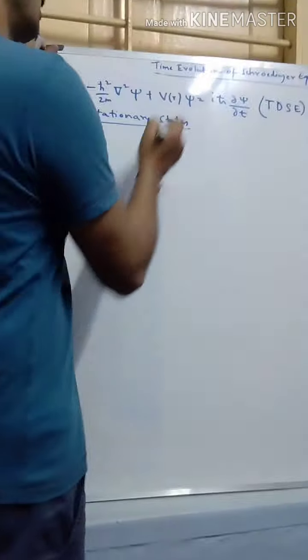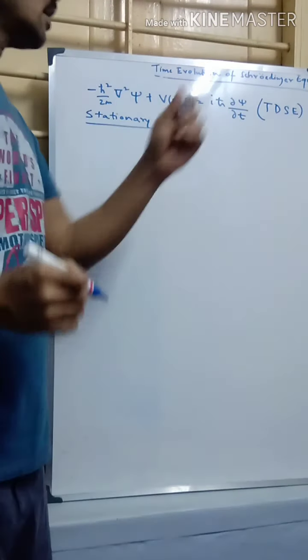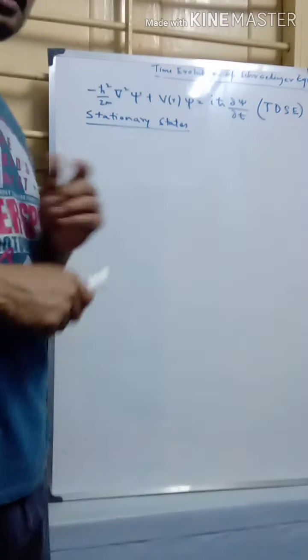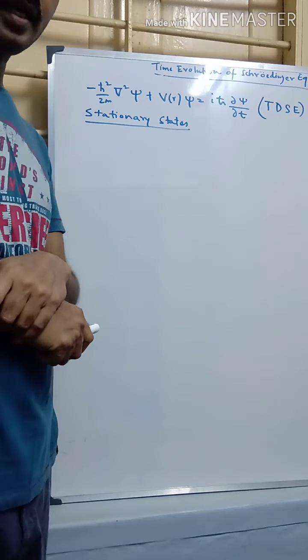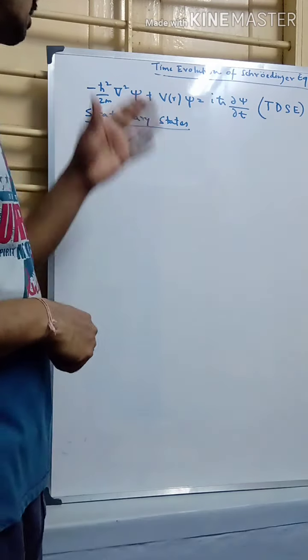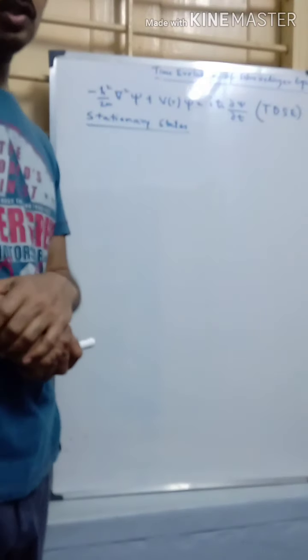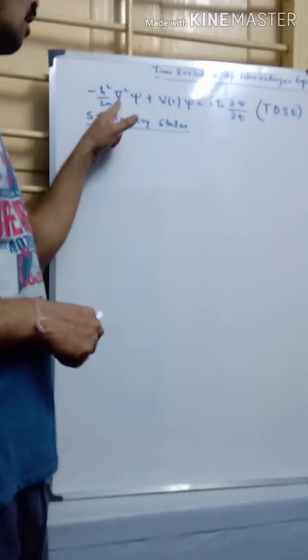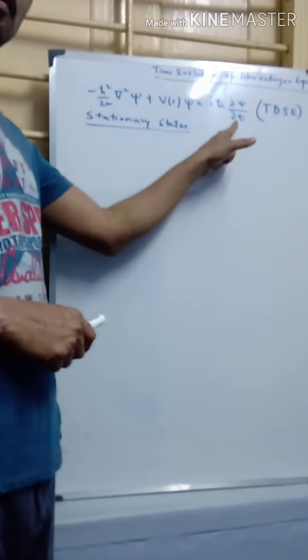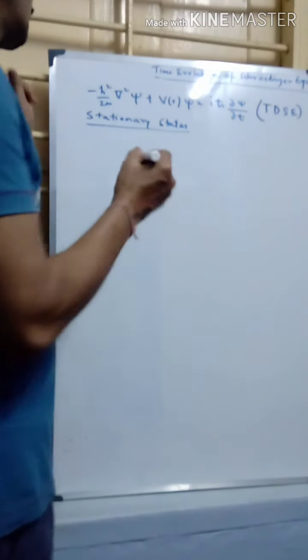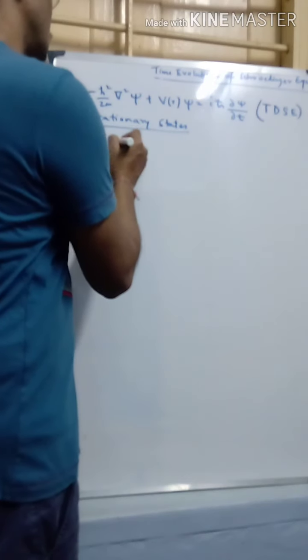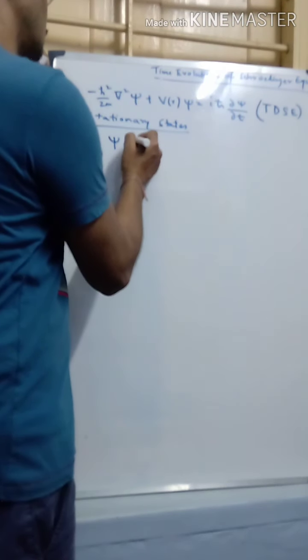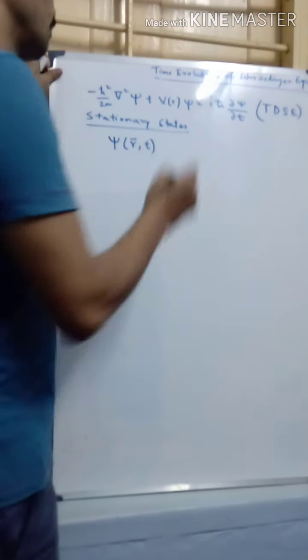We know that this particular equation is a standard equation like any other mathematical equation. This is a partial differential equation, and this is basically a function of r and a function of time. So we can say that the solution to this is nothing but a function of r and t.